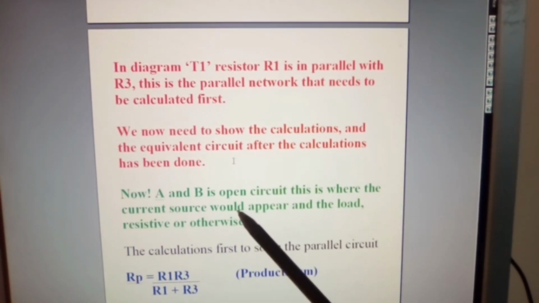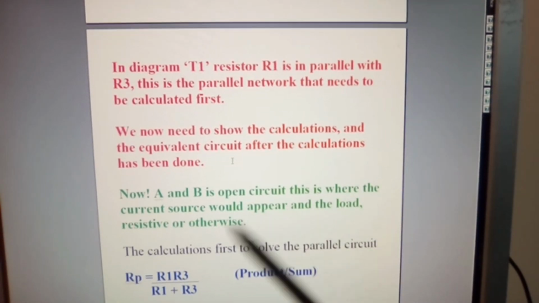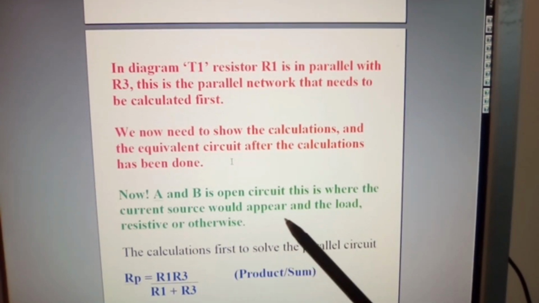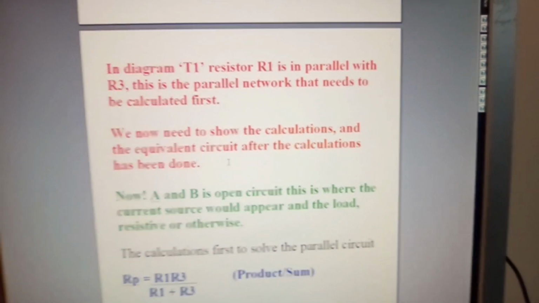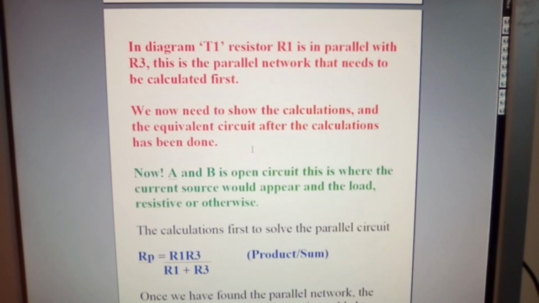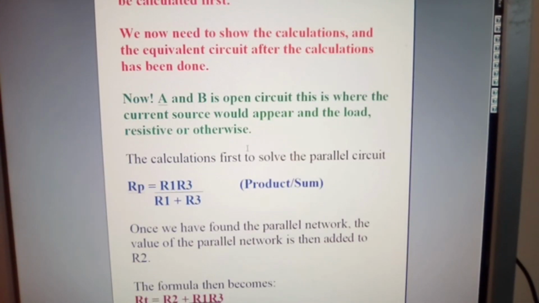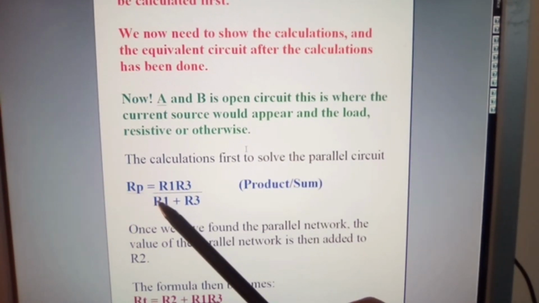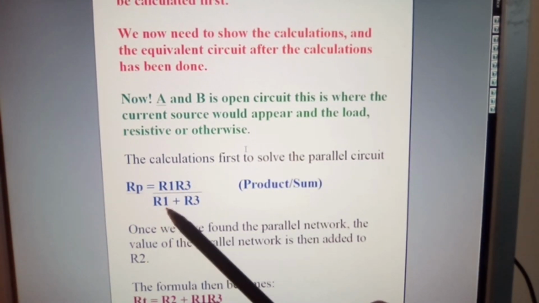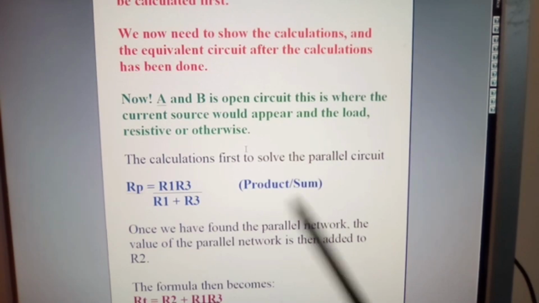Now A and B is open circuit. This is where the current source would appear and the load, resistive or otherwise. The calculations first to solve the parallel circuit: we're going to use Rp equals R1 times R3 over R1 plus R3, product over sum.